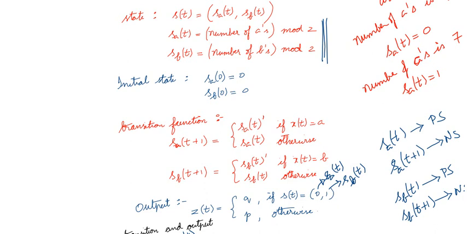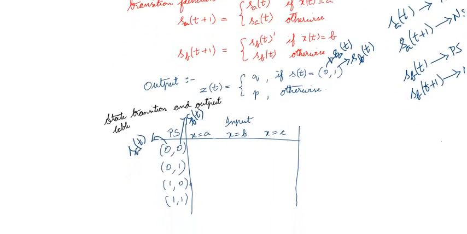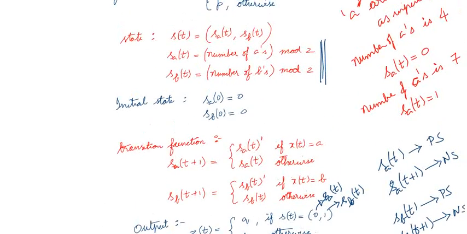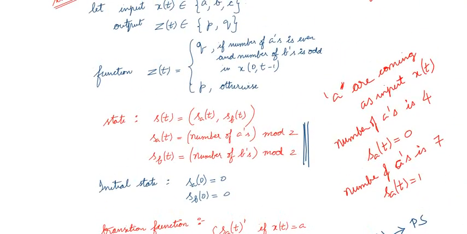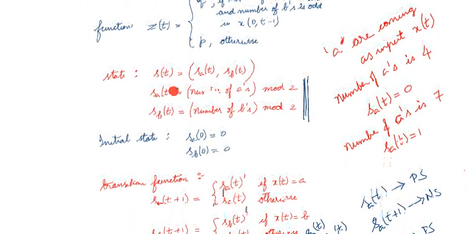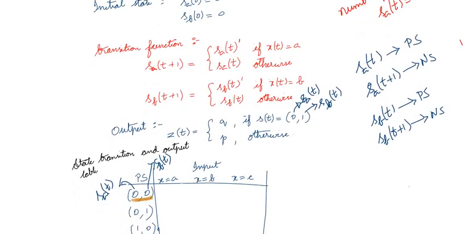So for the present state, both A and B are even numbers. Now, what input is coming? Input coming is A. So what happens? An even number of A's, one more new A comes, it is converted to an odd number. So an odd number of A's mod 2, answer is 1.